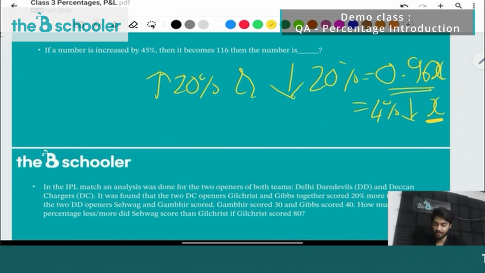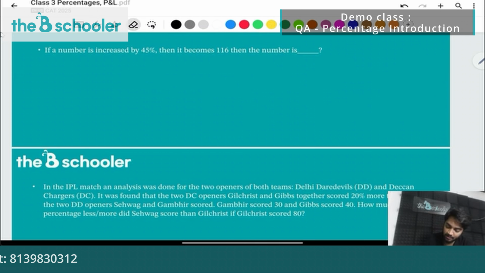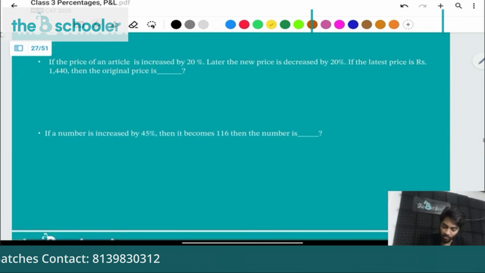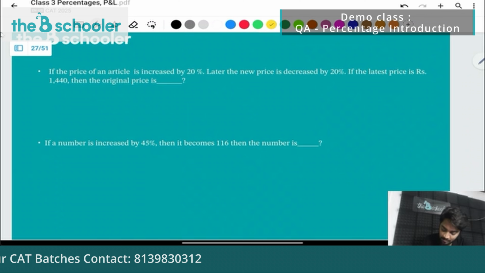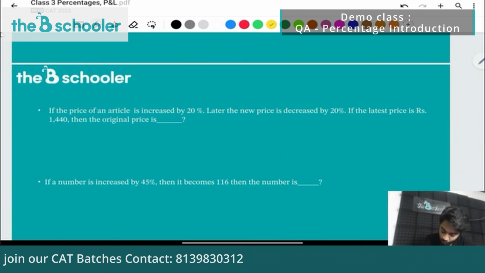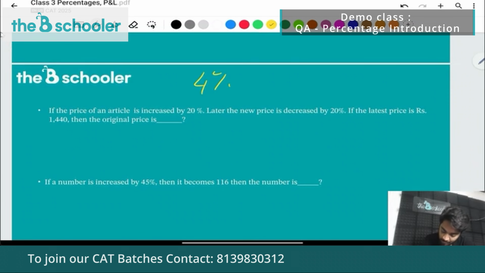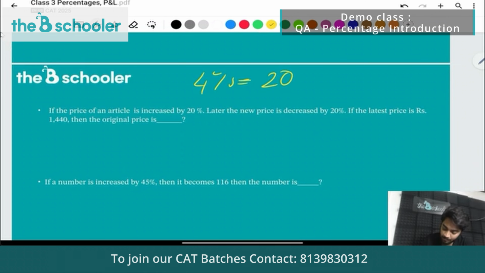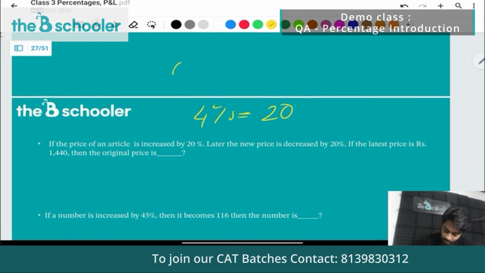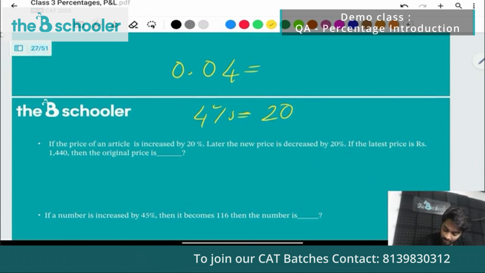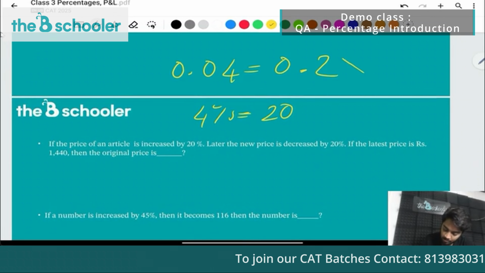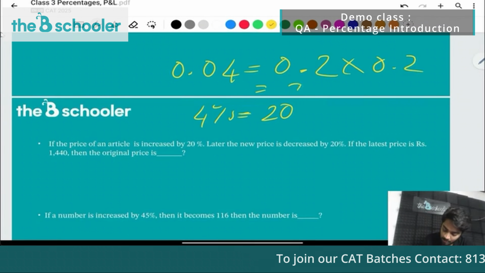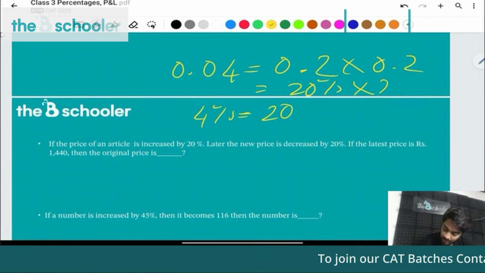Fine. So now what I'm saying is, how did we get 0.96? Because it was a 20 percentage increase and a 20 percentage reduction. Actually, 4 percentage is 0.04, which is nothing but 0.2 into 0.2, which is 20 percentage into 20 percentage.